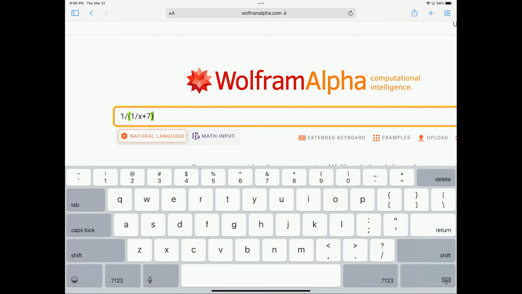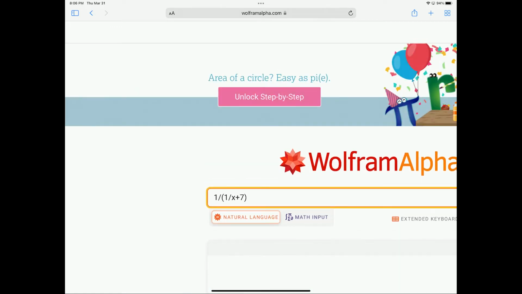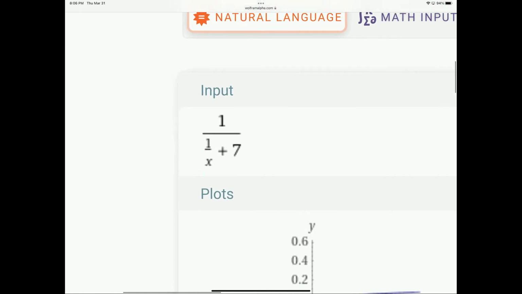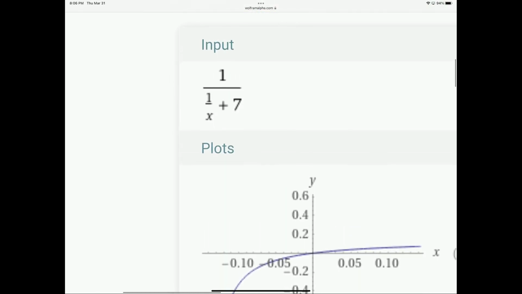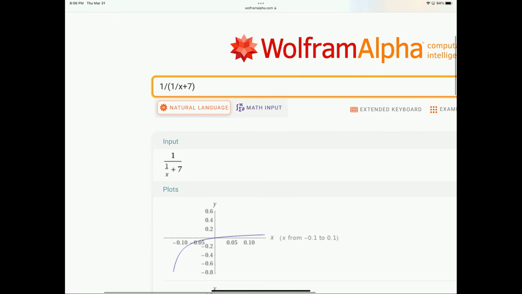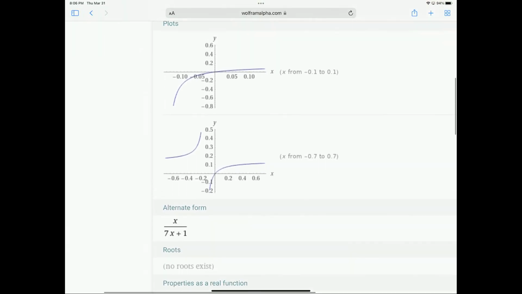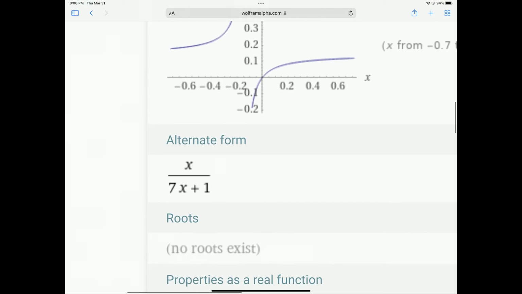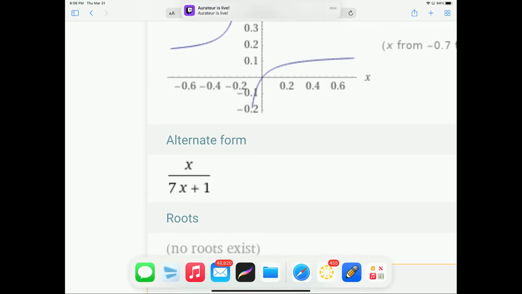Type it in, hit enter. I will be able to verify that I typed it in correctly, like 1 over x plus 7. That looks right. And then I'm going to scroll down and hopefully they simplified it for me. There we go. X over 7x plus 1. Alternate form. X over 7x plus 1.